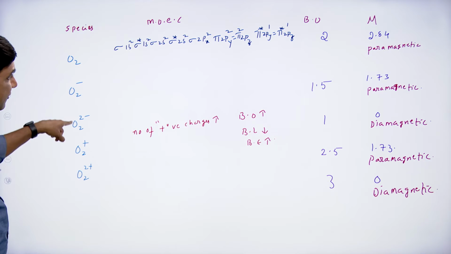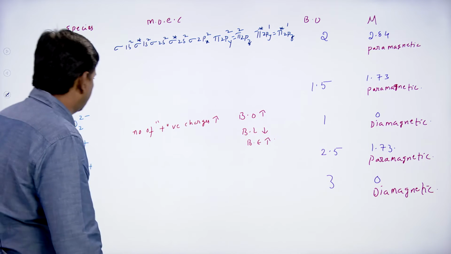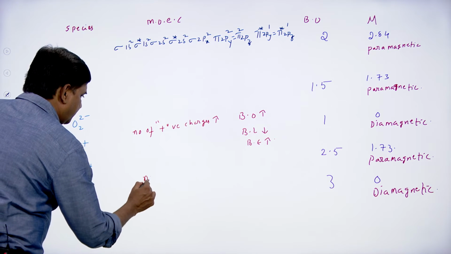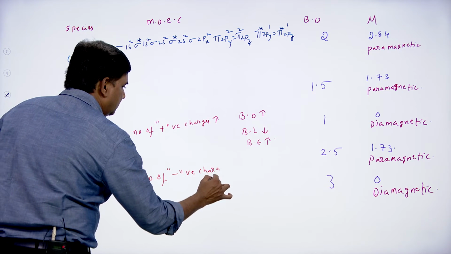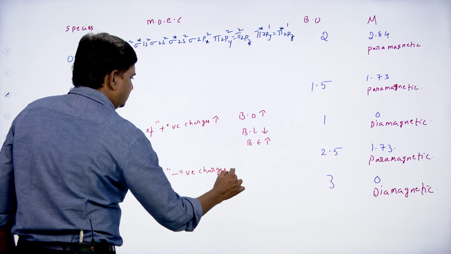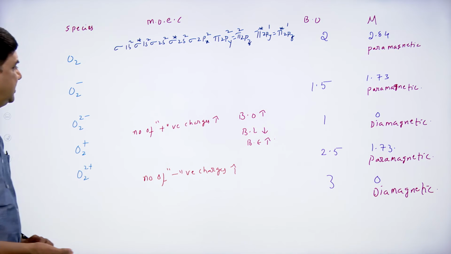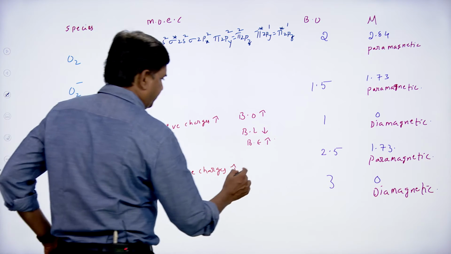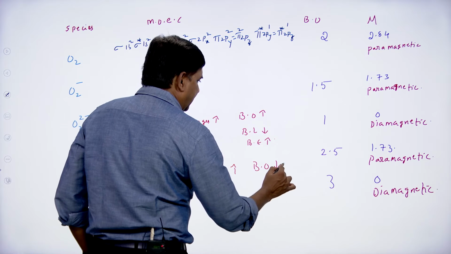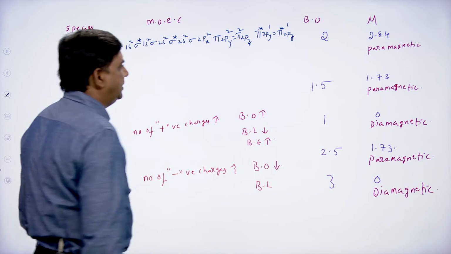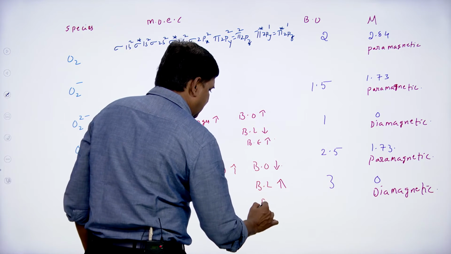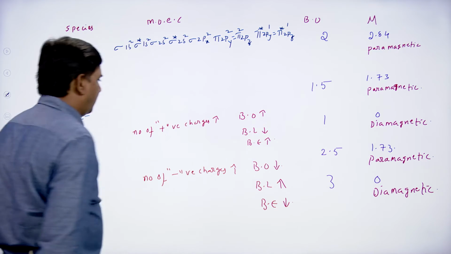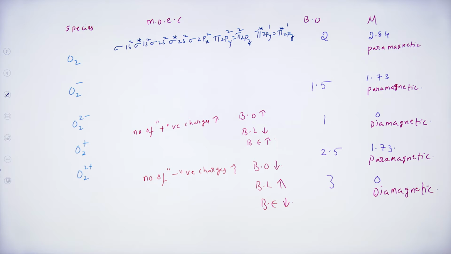And as the number of negative charges increases, bond order decreases, bond length increases, and bond energy decreases. These are the very important points you have to note down regarding oxygen species.